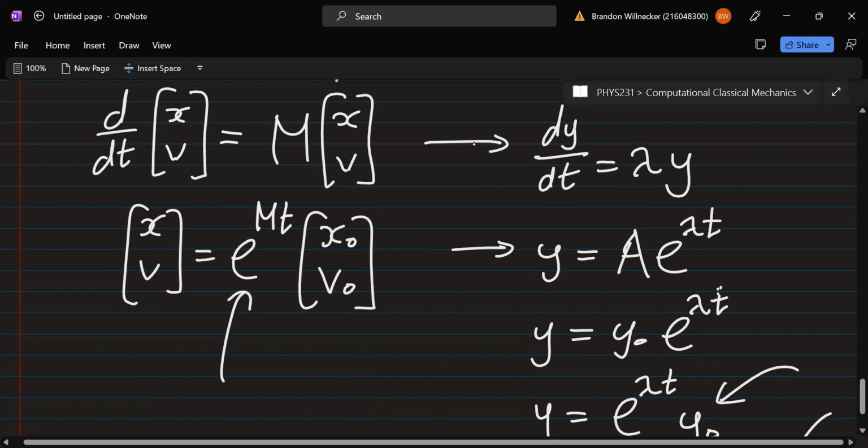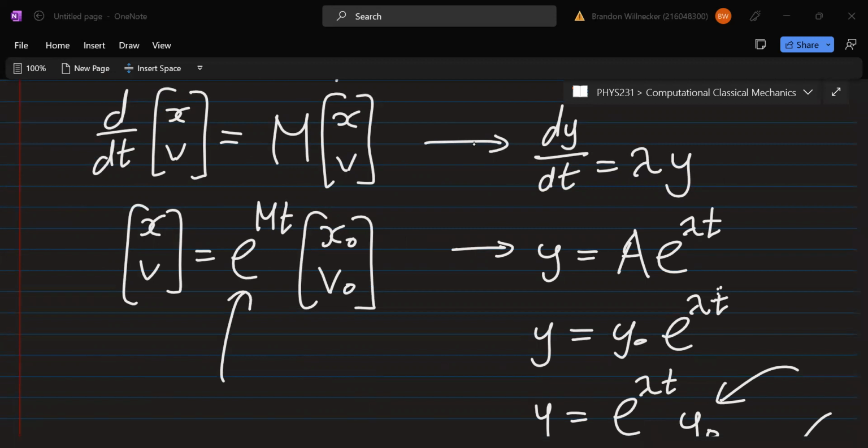We multiply by this, and we get x and v, which is the state after some time t. And then just repeated action of this will move us through phase space, or move us through time.